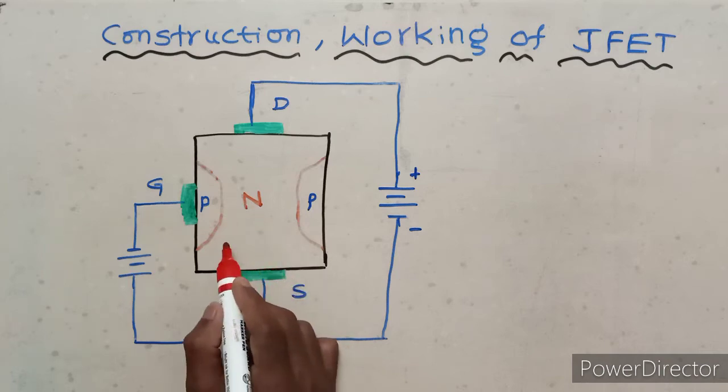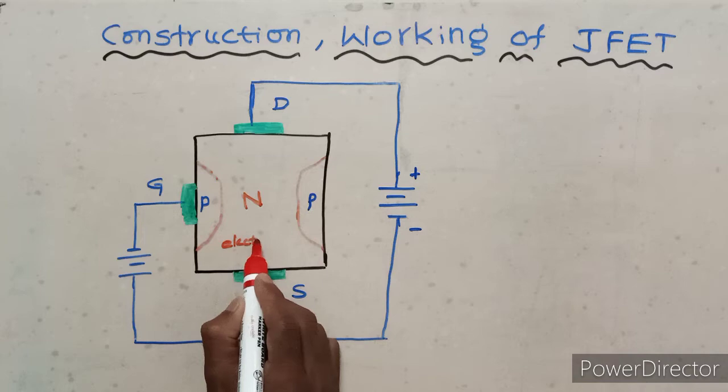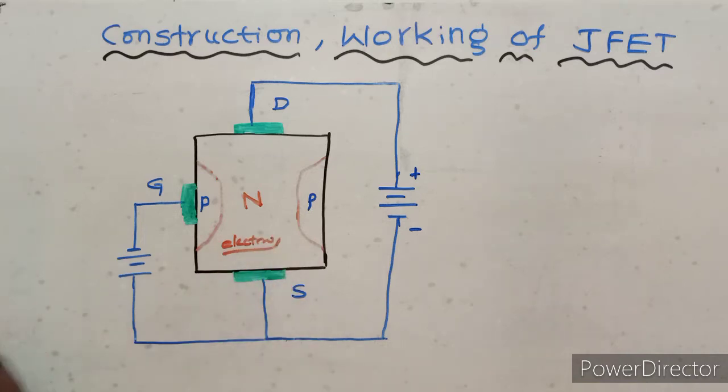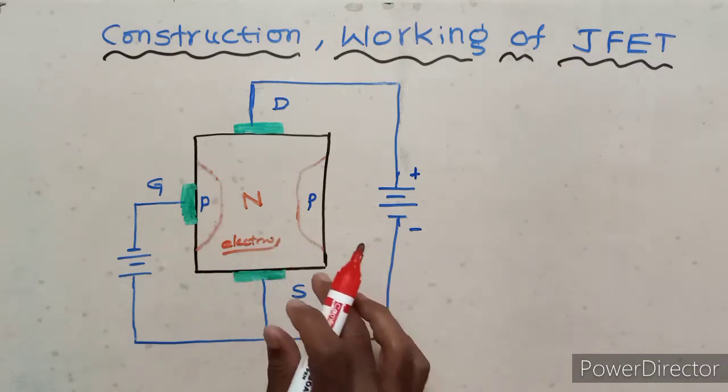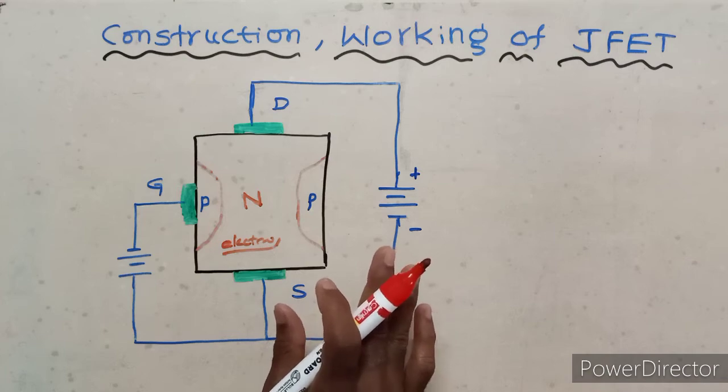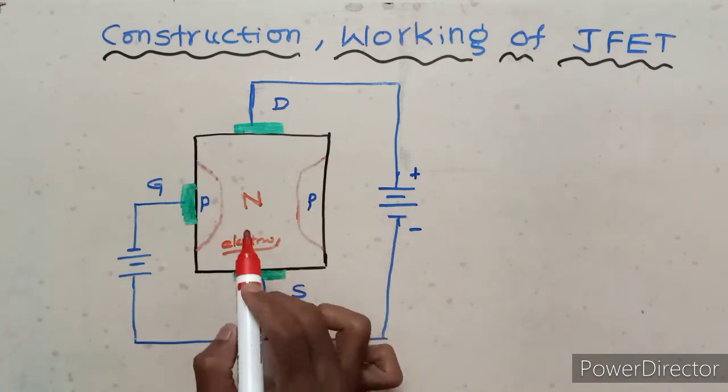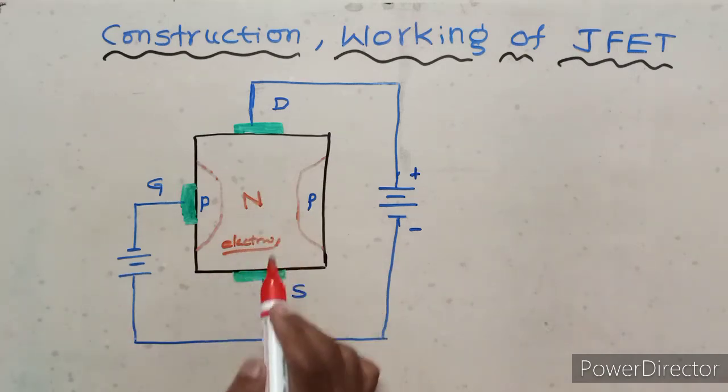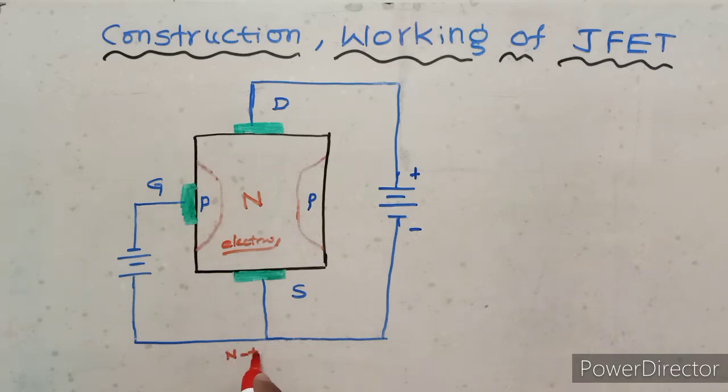Here the majority charge carriers are only electrons, so this is called a unipolar transistor. This is the N type channel.